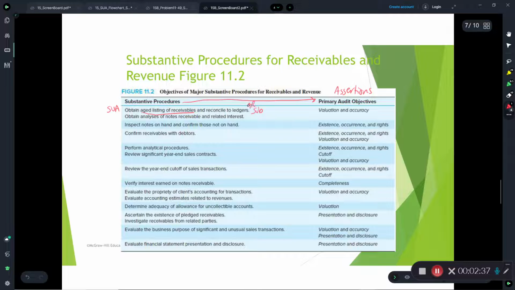So, for example, the AR subsidiary ledger, and then they're going to confirm all the accounts that have a balance, making sure they made it onto that listing, and then making sure that they aged the listing appropriately. And why do you do that? Well, you're trying to get at how much allowance should I have accumulated, and ultimately how much bad debt expense do I need, right? That allowance is where the valuation piece comes in.